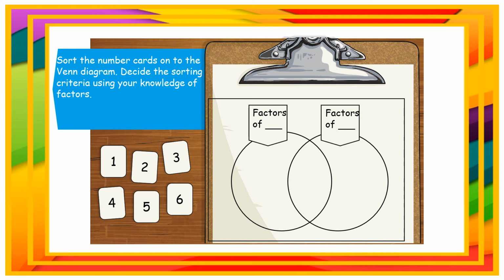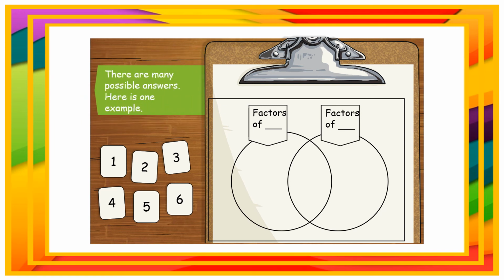Okay, here we've been asked to sort the number cards onto the Venn diagram. Decide the sorting criteria using your knowledge of factors. So you're going to decide which numbers you want to find their factors. I'm going to give you the numbers so that it's easy for you to just look at the cards and decide which ones are the factors of the numbers.